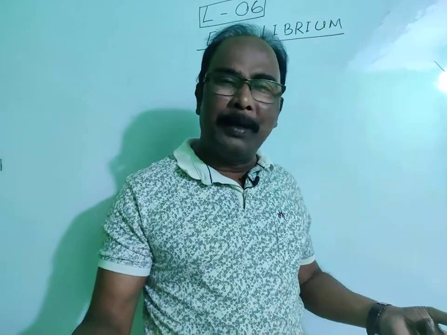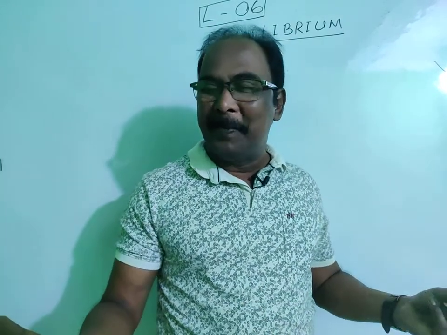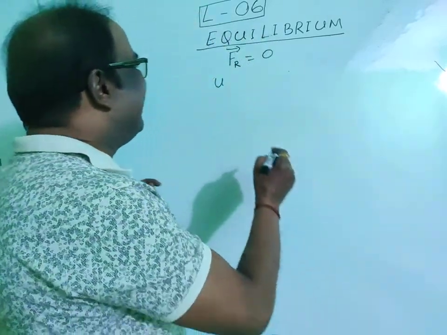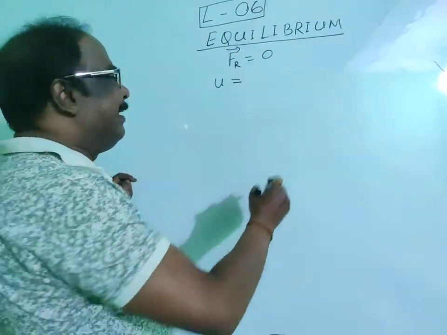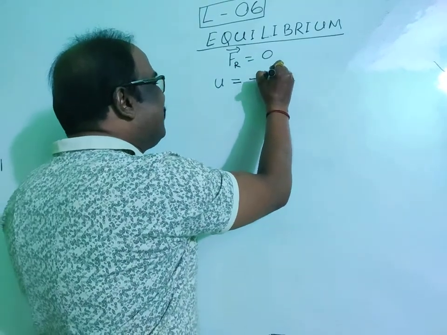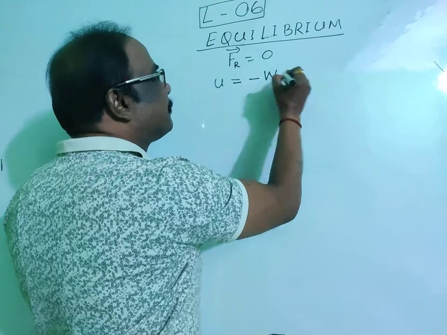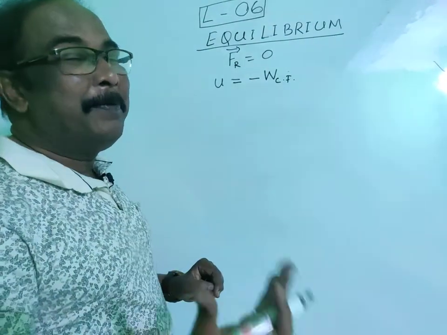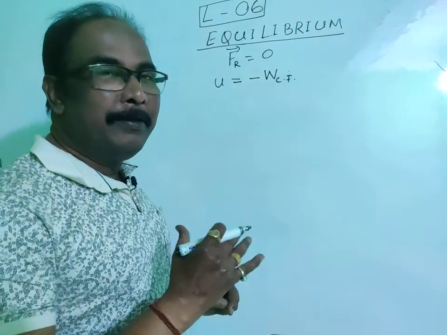We name it potential energy, but practically we define change in potential energy. Then change in potential energy is equal to the negative of work done by the conservative force, which we have discussed in previous lectures.